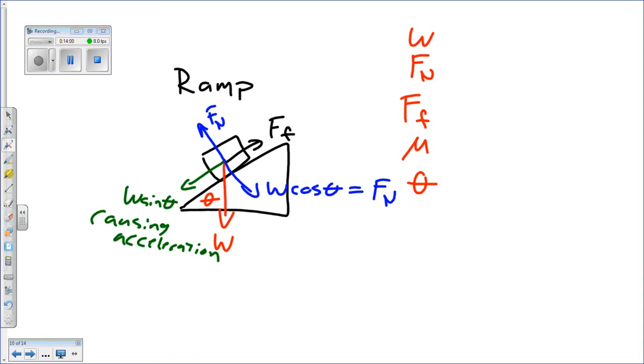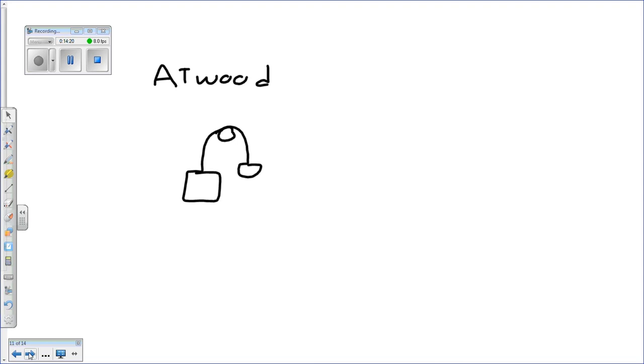The weight of the object, well, I'd probably give you the mass, the normal force, the force of friction, mu, and the angle. Those are some of the things that you'll need to think about when you're trying to resolve this problem. Of course, knowing the mass and the angle are most of what you're going to get, mass, angle, and probably the coefficient of friction, and then you can get all the rest of the numbers.